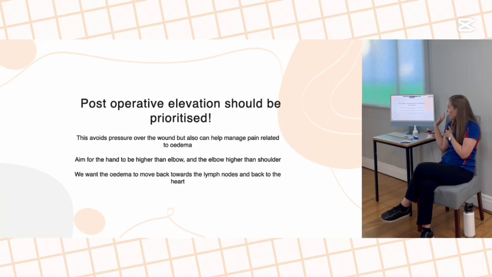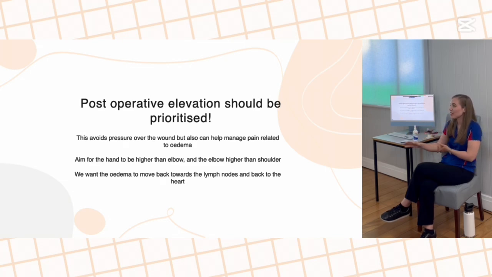So I've been making a point recently, because I've noticed I hadn't done it as much, of telling them to really elevate the arm, have the hand higher than the elbow and the elbow higher than the shoulder, using pillows. Especially if they have a bad shoulder, they might find it a bit uncomfortable, so you've got to work with them a bit and get that positioning right, and not use a sling.